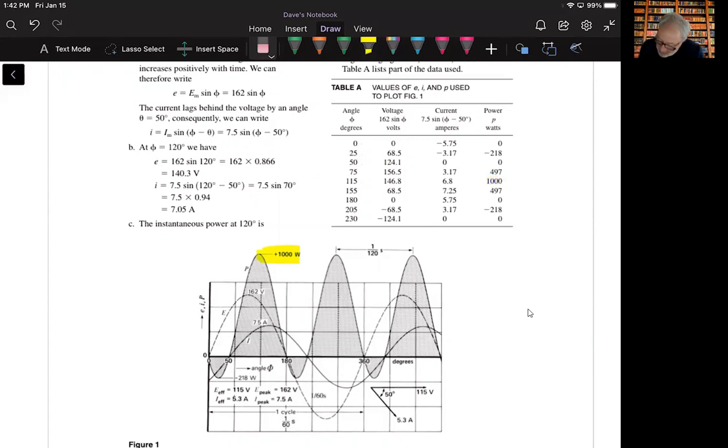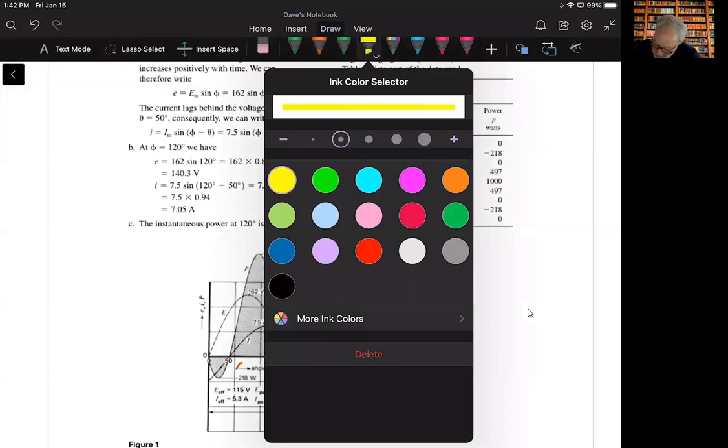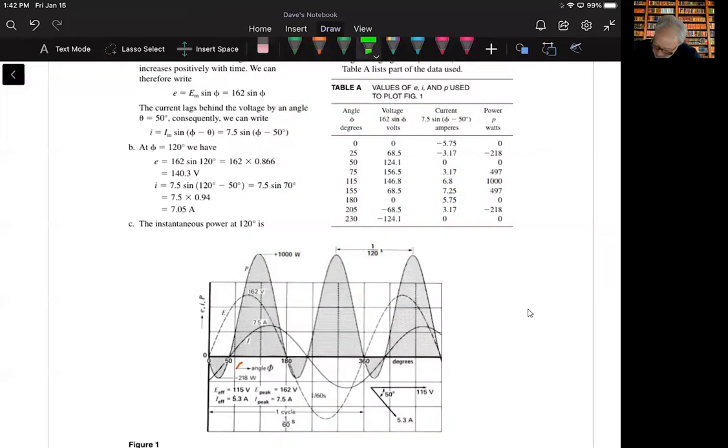Okay, and what he's trying to get us to see here is that we could go through and do all the points on the curve, in degree steps from 0 through 360, and that is how we would actually plot this power curve.